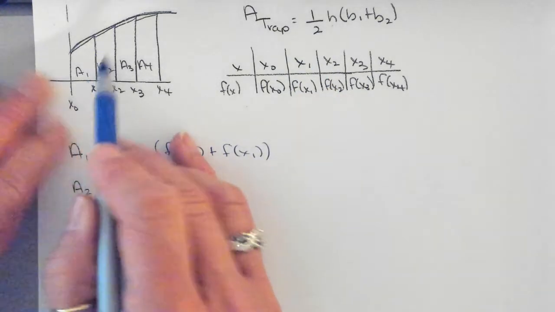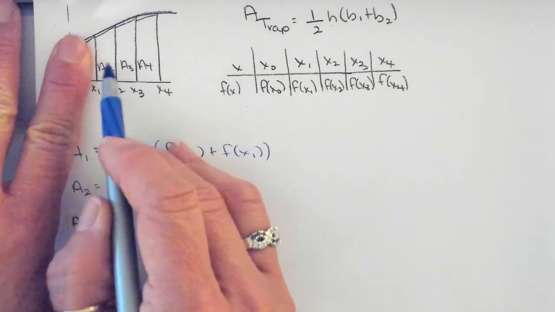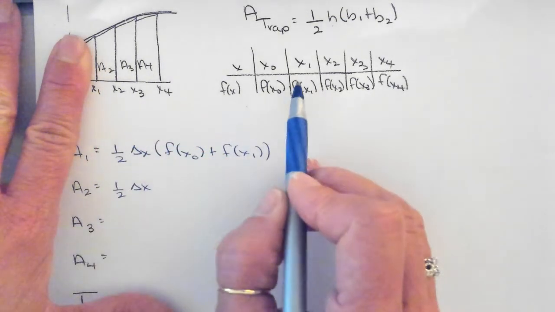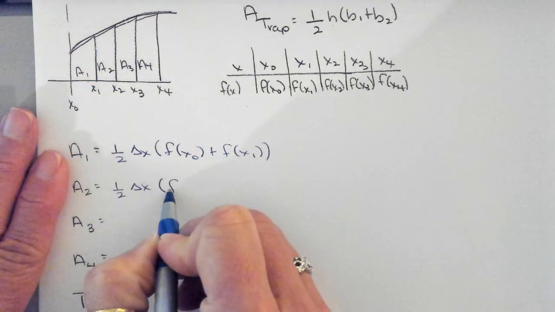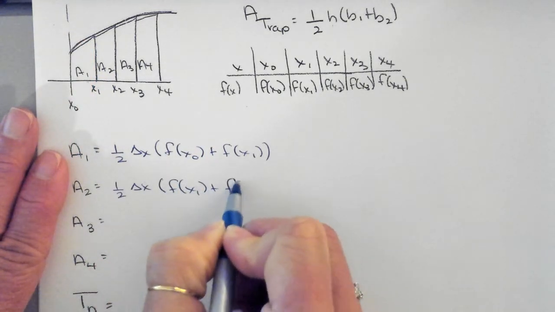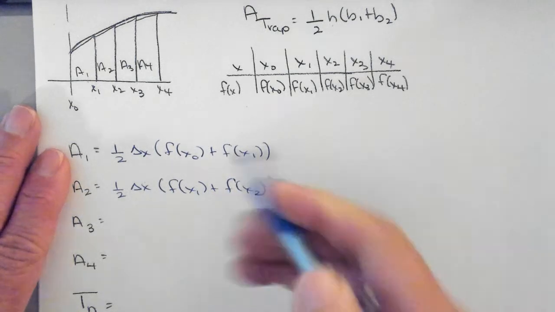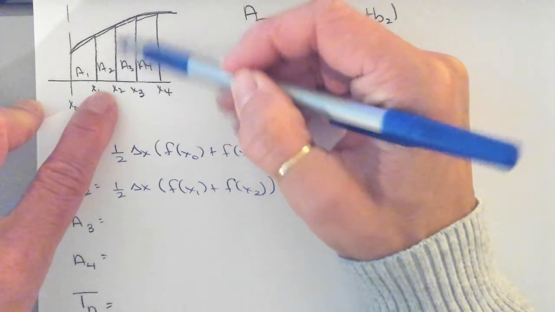And then now I'm ignoring this trapezoid and I'm only looking at A sub 2. A sub 2 is made up of f of x sub 1 plus f of x sub 2, meaning this is my base here and this is my base here.